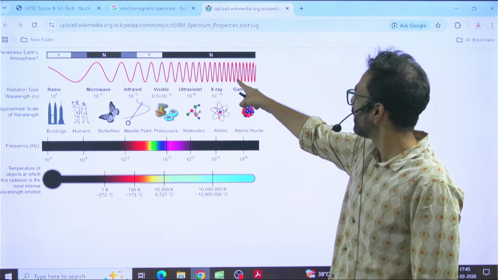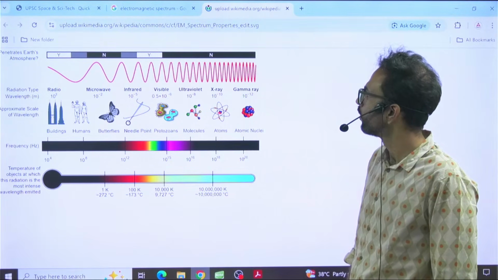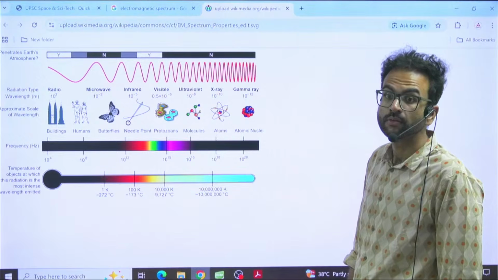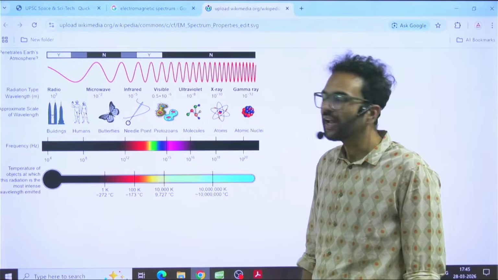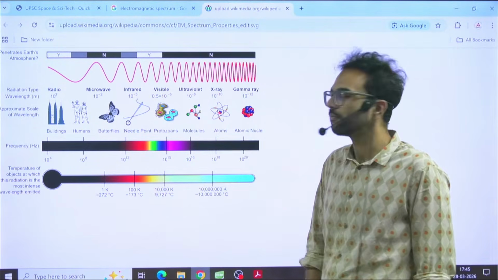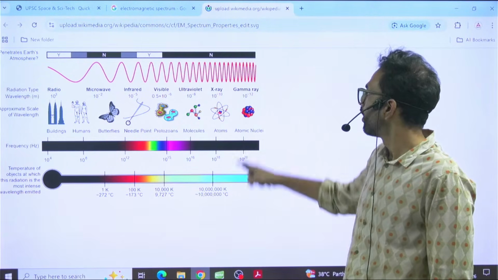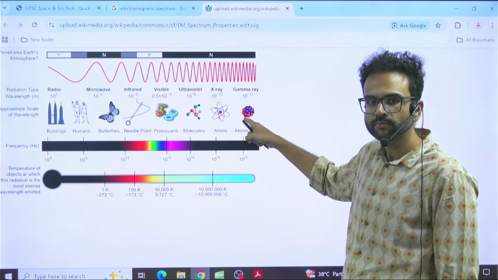Take a look at the frequency here. Which one has more frequency? Gamma, X-ray, ultraviolet, visible. Where are we in the spectrum? The 400 to 700 nanometer range.